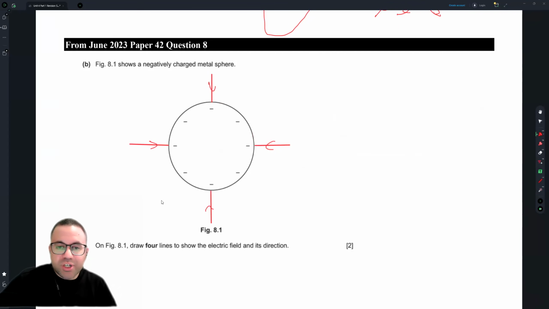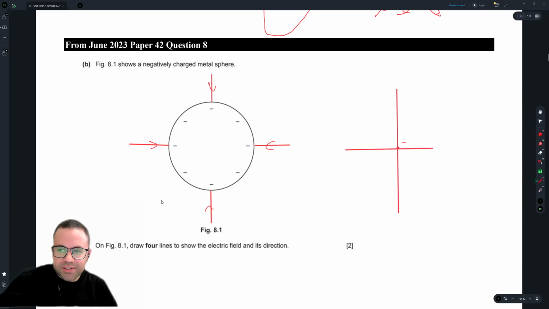But if this was just a negatively charged dot, sometimes called a point charge, and I ask you for the same thing, yeah, you can draw lines exactly through it, and it'll look exactly the same. So be careful. If it's a sphere, nothing inside the sphere. If it's a point charge, yeah, just go through it. That's fine.